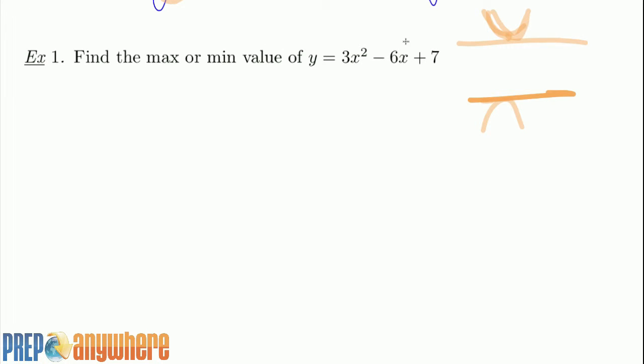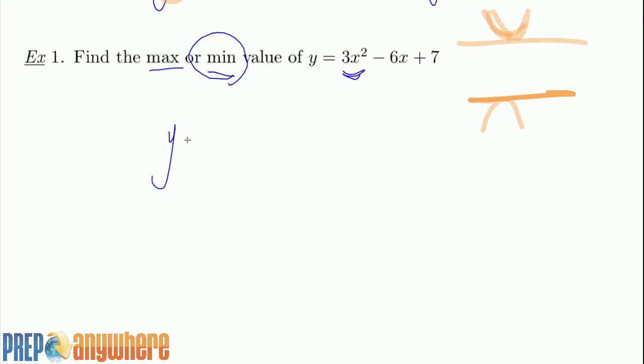To find the max or minimum, first of all, you look at the x squared term, and you know from that whether the parabola is going upwards or downwards. So this one is going upwards or downwards? Up or down? Up. So that means it's going to have a max or minimum? Minimum, right?